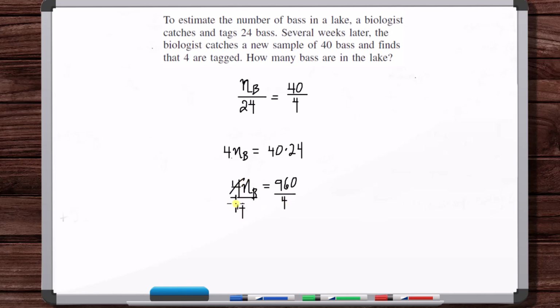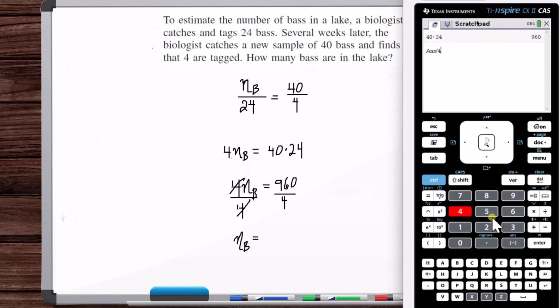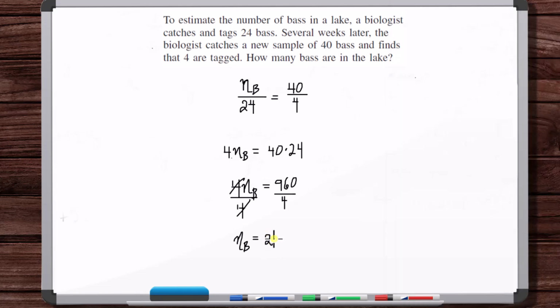Divide both sides by 4. NB is 240. So that's the total number of bass in the lake. That's an estimate for the total number of bass in the lake.